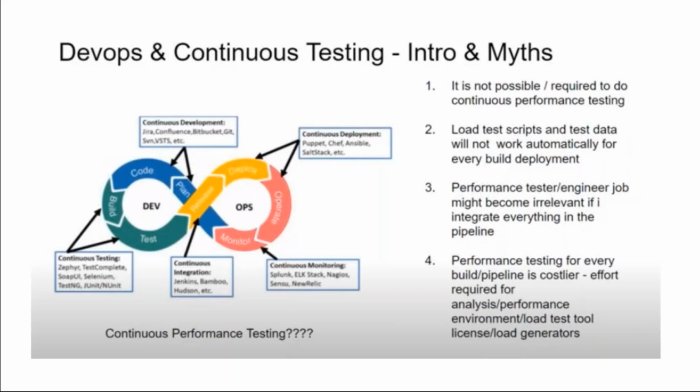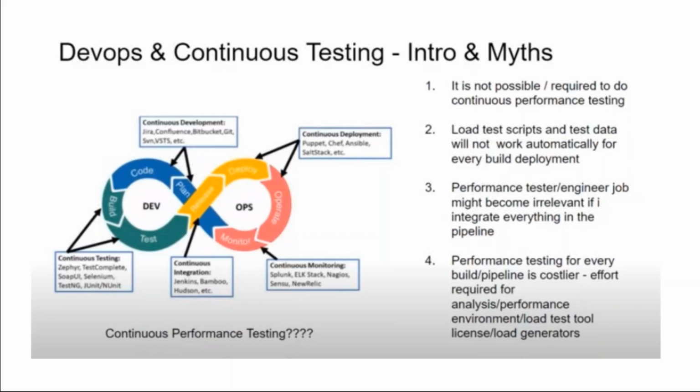Initially in the course, we will try to understand the various limitations and the various myths around DevOps. Why do we as a performance team think that performance testing is not possible in the pipeline? What are the challenges? What are the real-time challenges? What is expected in the project?